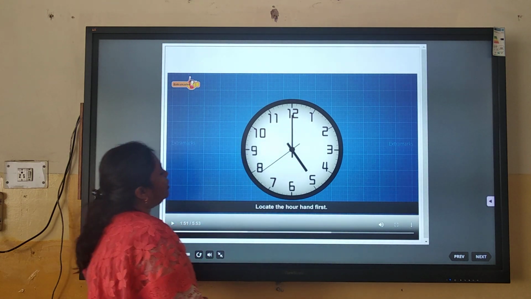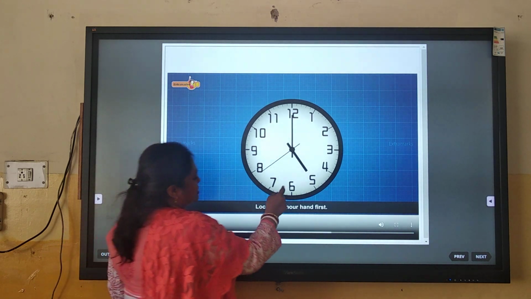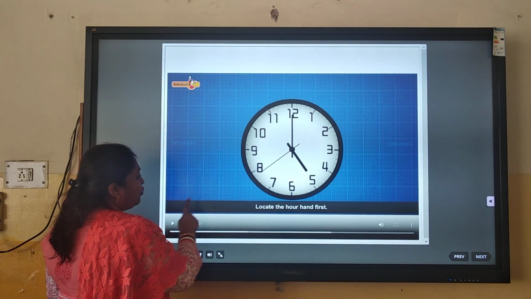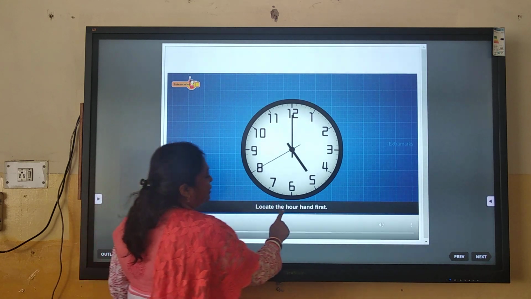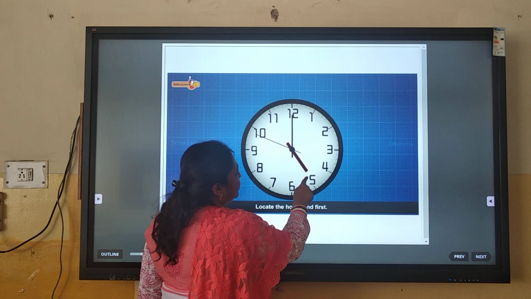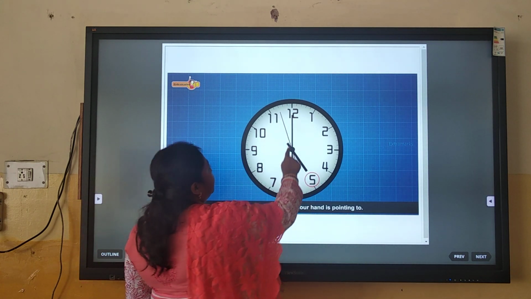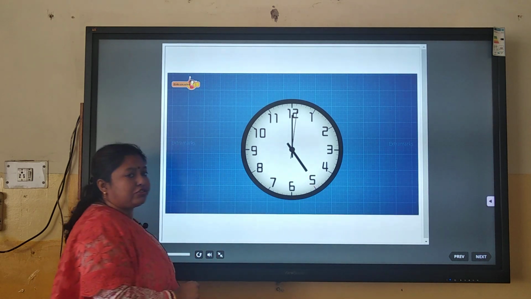Okay dear children, now let's start reading the clock. If you see this timing, first you have to locate the hour hand. The hour hand here is pointing towards 5 and the minute hand is pointing towards 12.